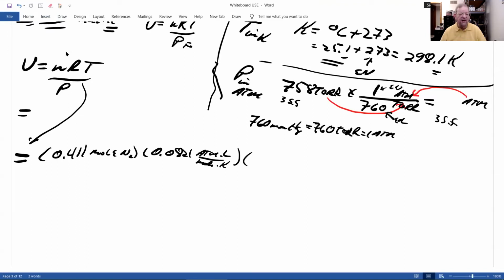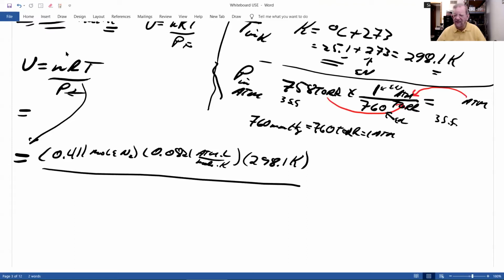And then the temperature was 298.1 Kelvin. And this was divided by the pressure right here, which I didn't write down. Let's go back and look at it.